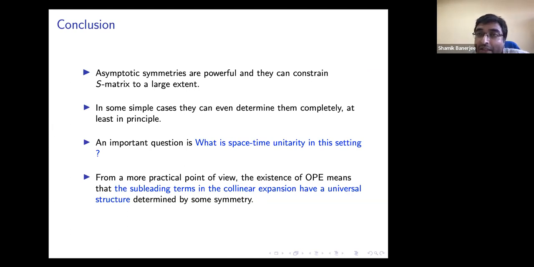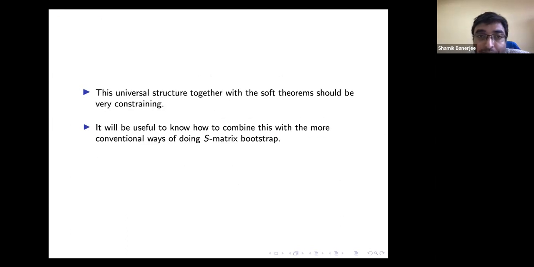In this case, it was the SL2 bar and the supertranslations. Now, the main point is that this universal structure, together with the soft theorems, should be extremely constraining. And it will be useful to know how to combine these with the more conventional ways of doing the S matrix bootstrap.